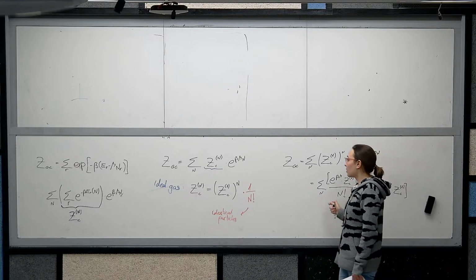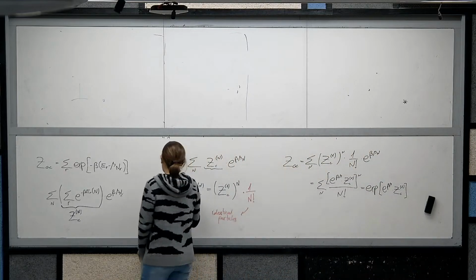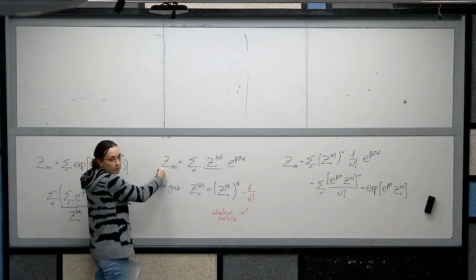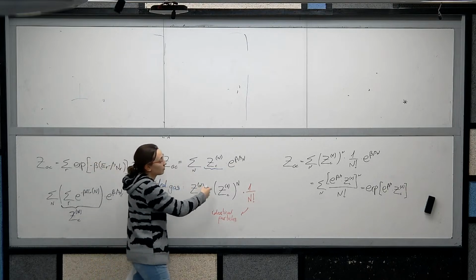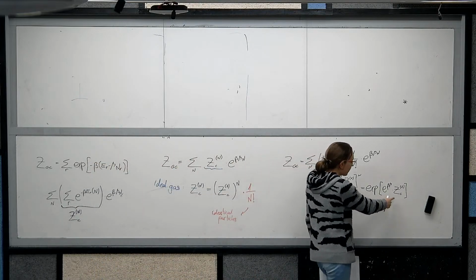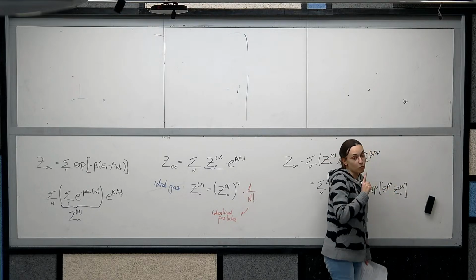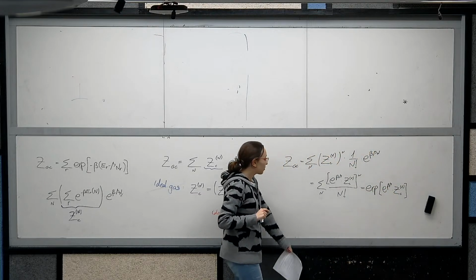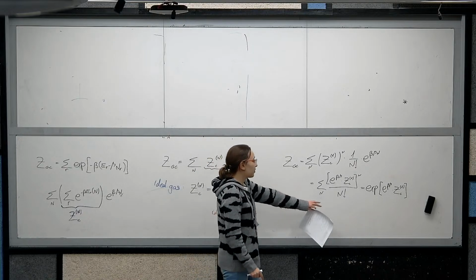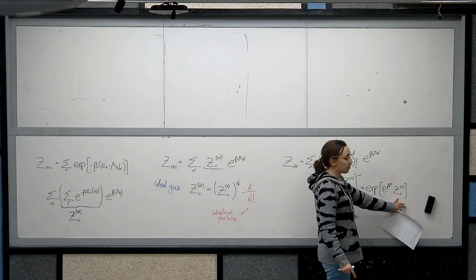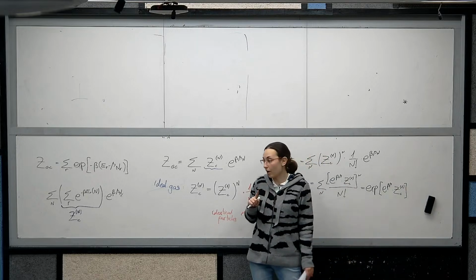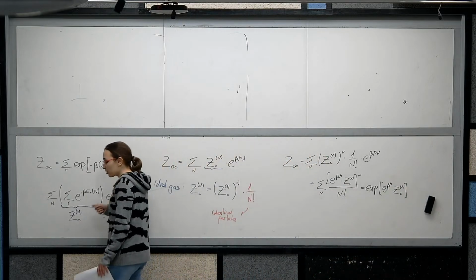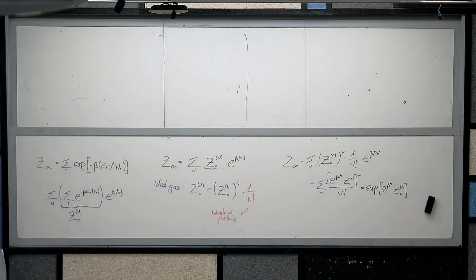So if we have an ideal gas, we can write the grand canonical partition function with the canonical partition function for one particle. So all we need to do for an ideal gas is find the subsystem partition function in the canonical ensemble for one particle, and then we have the function of the whole system.